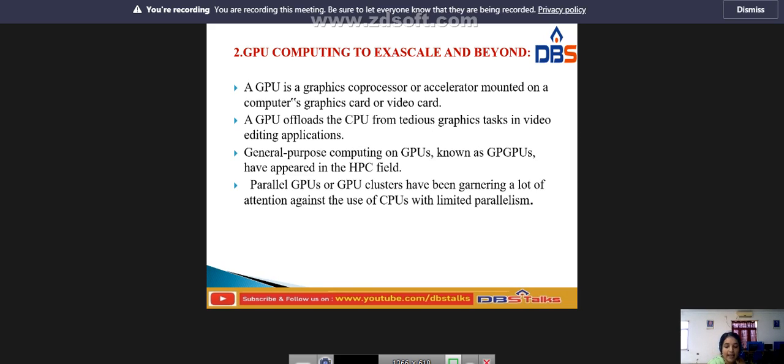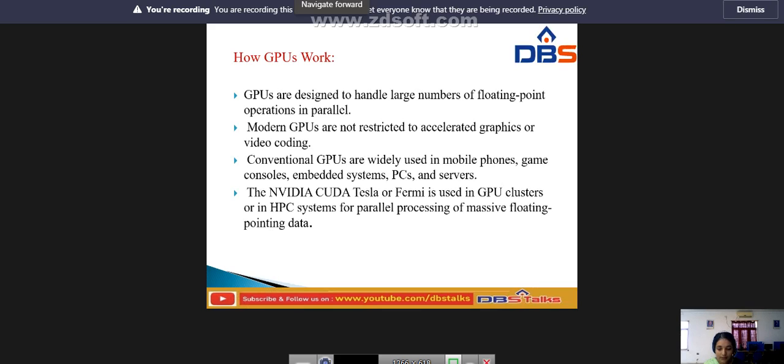So GPUs utilize massive parallelism by executing many concurrent threads slowly, instead of executing a single long thread very quickly as in a conventional microprocessor. This is called GPU computing to exascale and beyond.